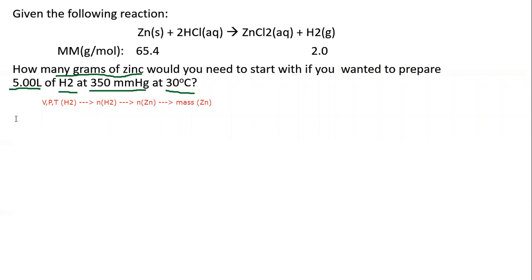So again, with the ideal gas law, to solve for moles, we got to make sure everything is in the correct units. Pressure needs to be in atmospheres. And try not to round too much.